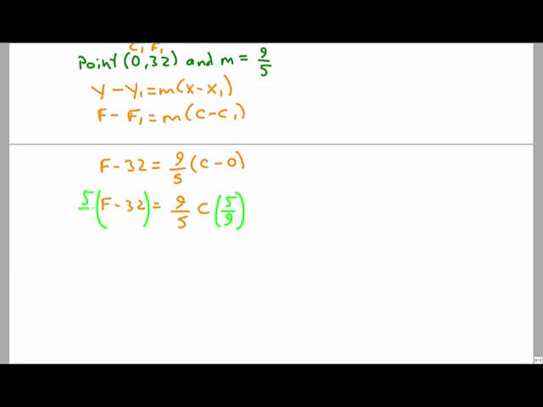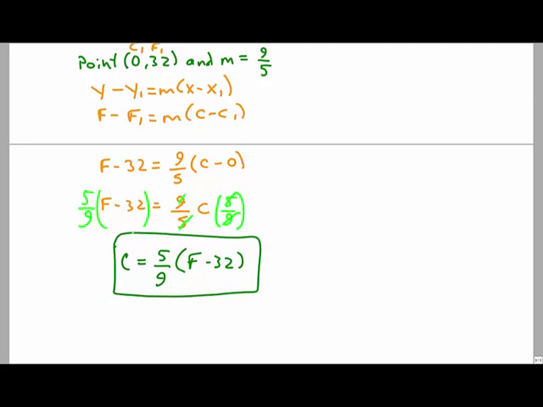And of course, whatever you do to one side, you have to do to the other to keep the balance of our equation. So the 5 and the 9 cancel, and on the left-hand side I'm left with this. I don't want to distribute it. And then I'll have C equals 5/9 times the quantity F minus 32. So I can derive that formula based on those 2 points that I have.